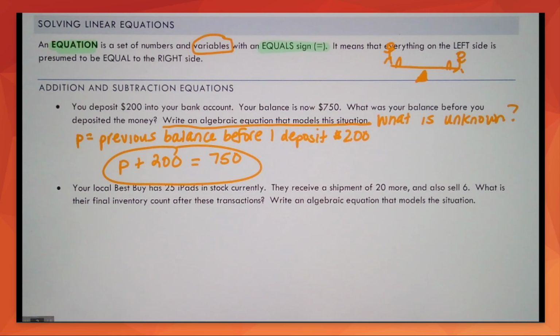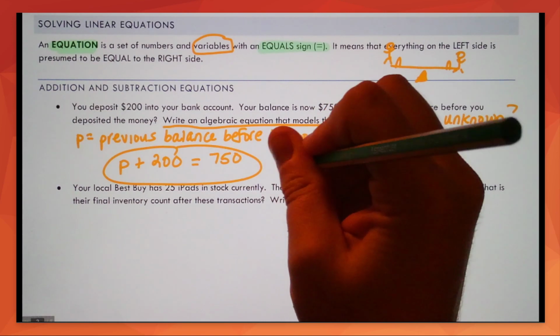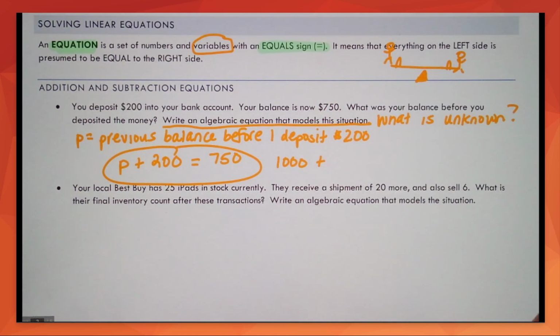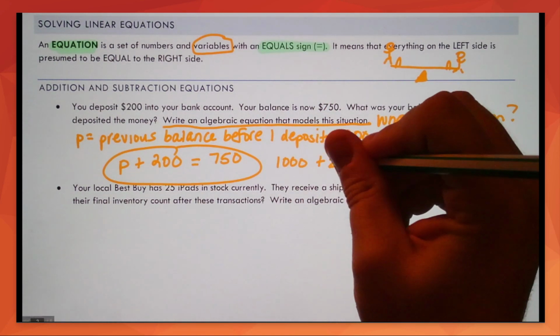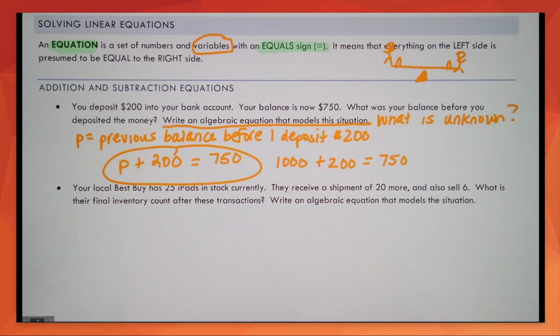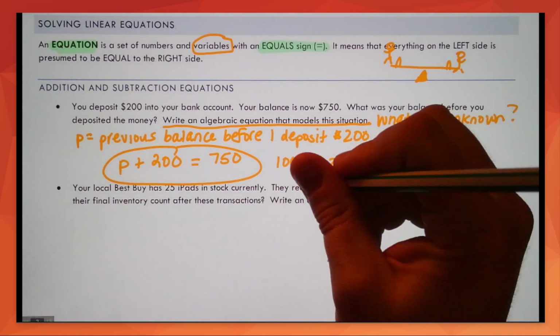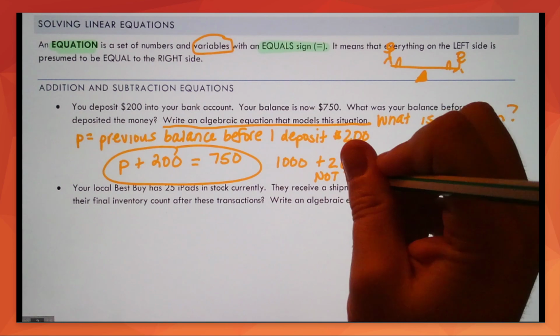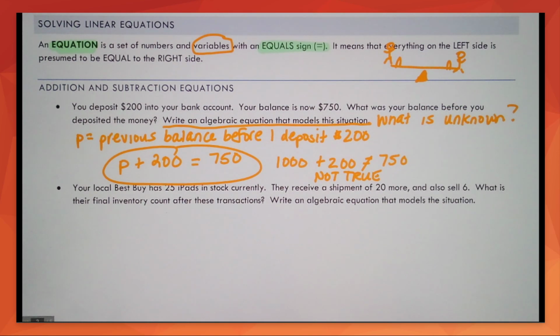Okay, I'm just going to say it's $1,000. That makes this statement not true, because if you were to write 1,000 instead of P and you add 200 to that, does that equal $750? The answer is no, it's not equal. This is not true. So there's no way that P could be 1,000.